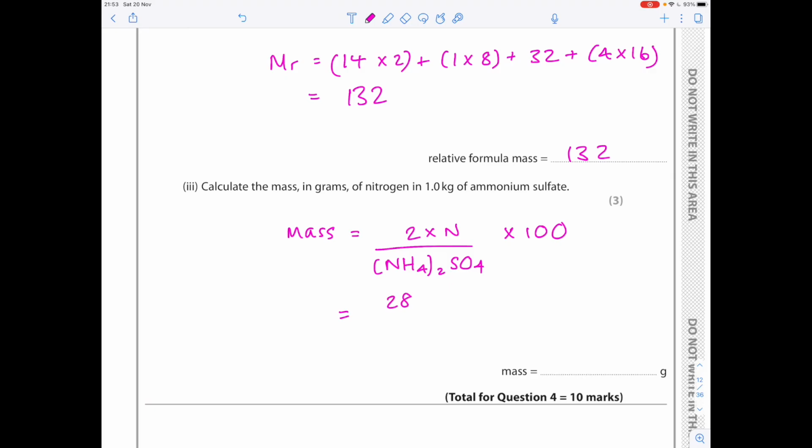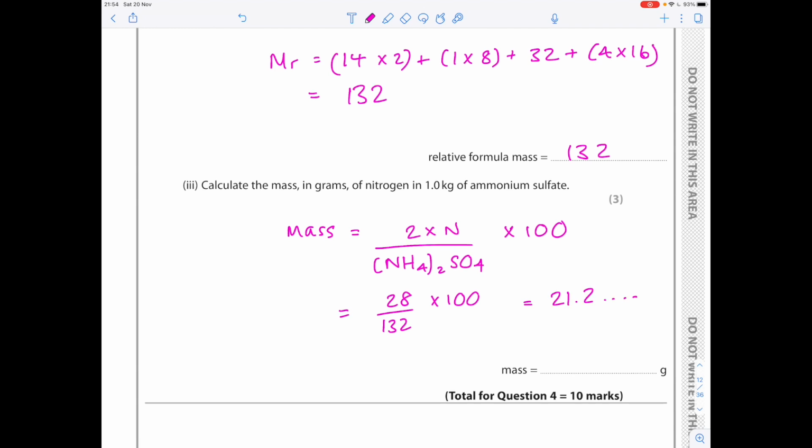So from the periodic table, we do 2 lots of nitrogen, which is 28, over the Mr that we've just calculated. So we know that of the compound, 21.2% of it is nitrogen. So let's do 21.2% of that kilo. Let's convert it to grams because that's what the question asked for, to get an answer of 212 grams.